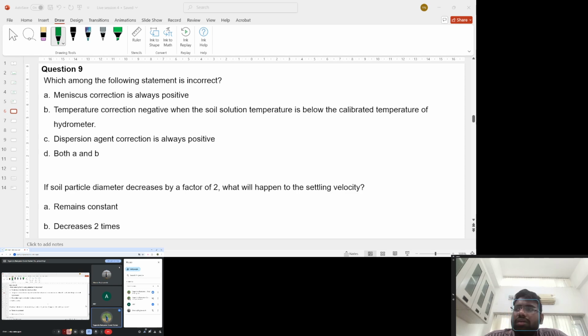There are many new techniques that are coming, like laser imaging and stuff like that. Those techniques are more advanced, but ideally for our simple applications and simple characterization of soils, it is still hydrometer analysis.